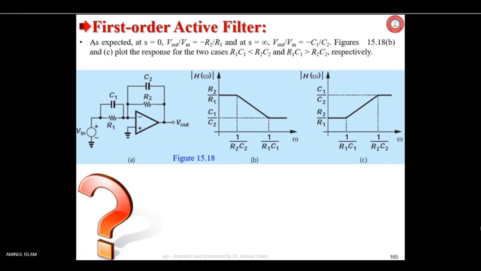One is Razavi for analog, and another one for digital is Morris Mano. Razavi's book it is, and you will find very good videos of Razavi on analog circuits. I suggest all the students follow these two books and the videos if you can download and go through.